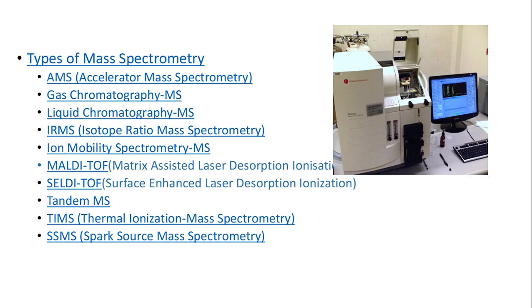So these are the various types of mass spectrometry. You can see the image of mass spectrometry on the right side.